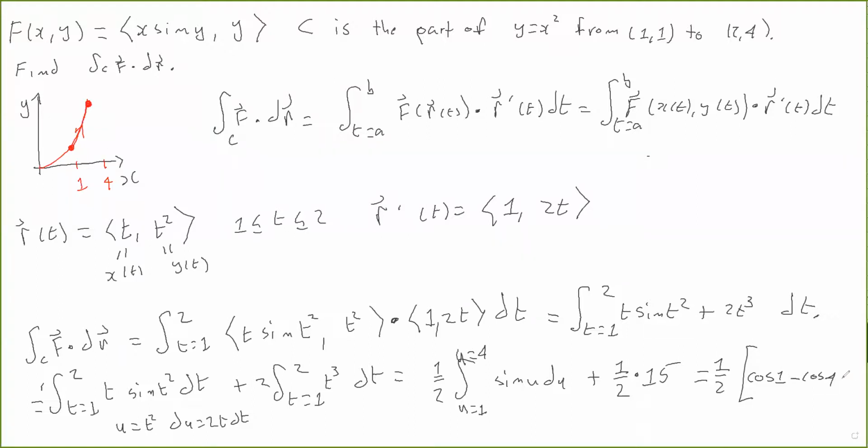And we add the 15. Okay, so the final answer, let me write this a little more clearly down here. This is 1/2 times (15 plus cosine 1 minus cosine 4).